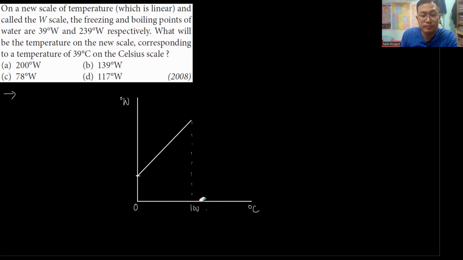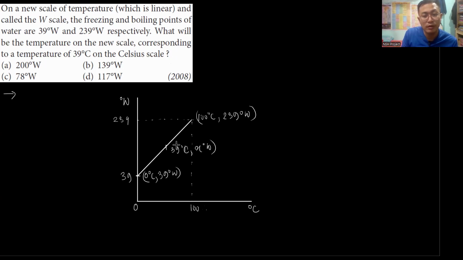Here it is 39 and here 239. So the coordinates are 0 degrees Celsius and 39 degrees W, and 100 degrees Celsius and 239 degrees W. What will be the temperature corresponding to a temperature of 39 degrees on the Celsius scale? Let it be x degrees W.